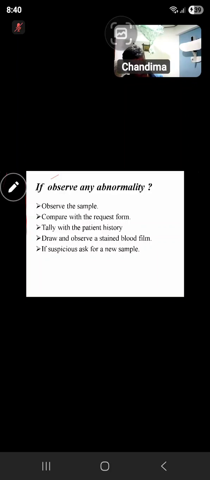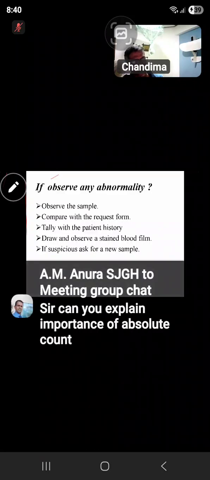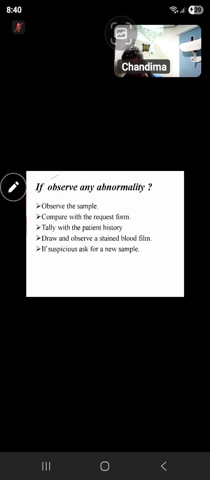It is difficult to see, but it shows in the full blood count report: your total platelet count is going to be low, but the RBC count is going to be high. The relationship between RBC and HB is not there. I told you that the hemoglobin should be three times the RBC.